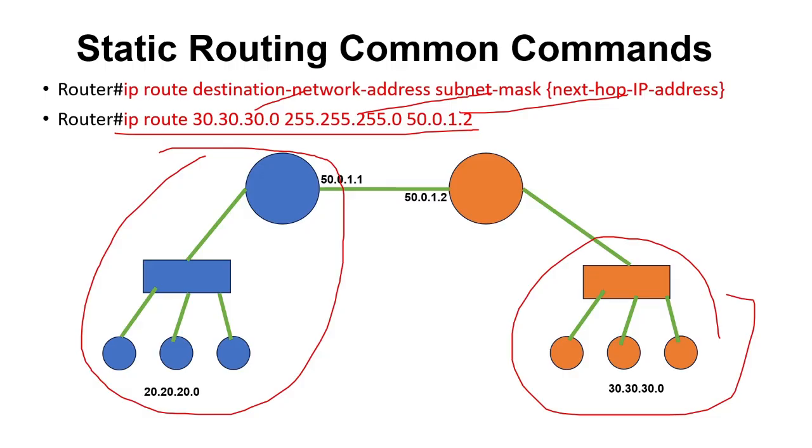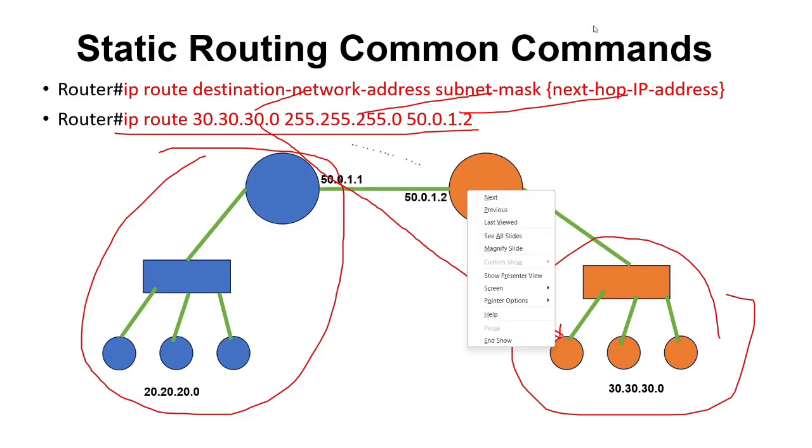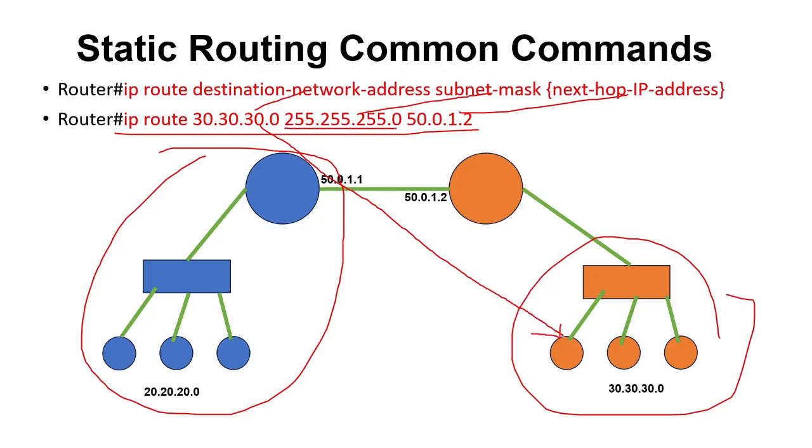This command will ensure that the configuration will access this destination network, its subnet mask, and then this is the next hop IP address.